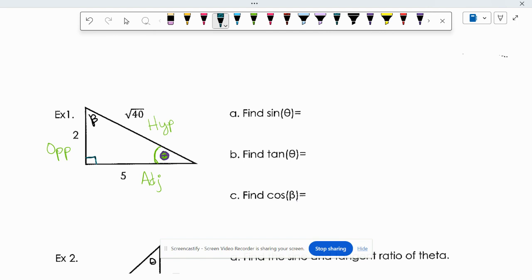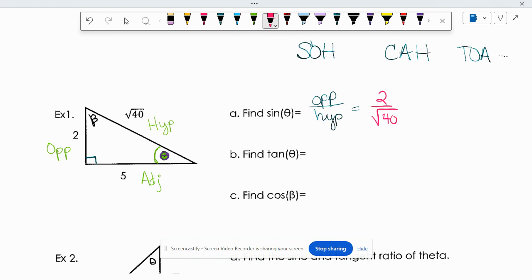So let's think about the sine. Remember, SOH CAH TOA. So the sine is the opposite over the hypotenuse. So we're going to set up the ratio of the opposite over the hypotenuse. So what is the opposite over the hypotenuse?